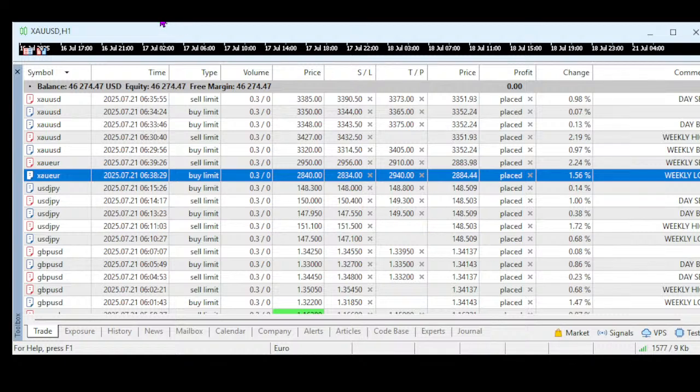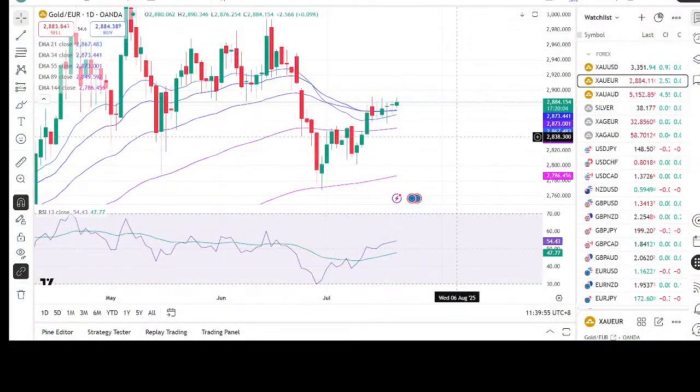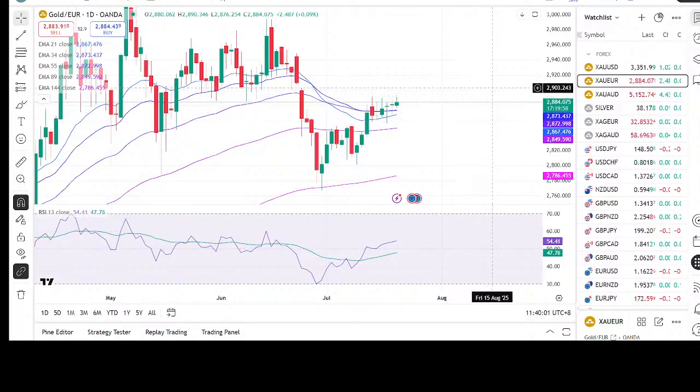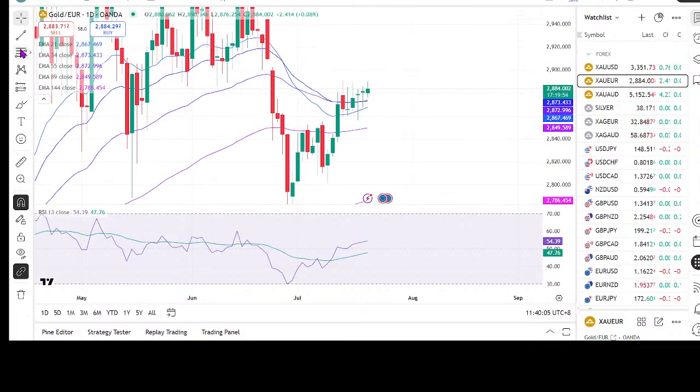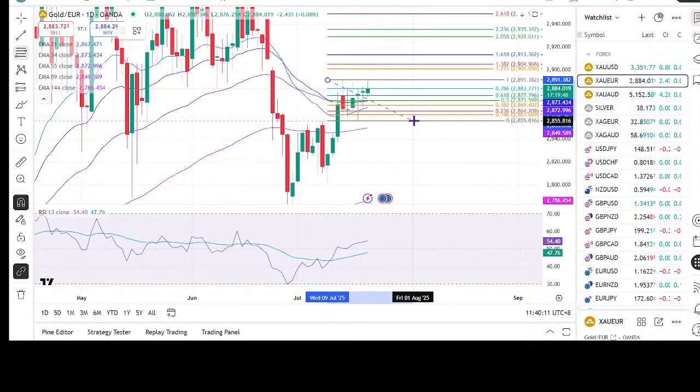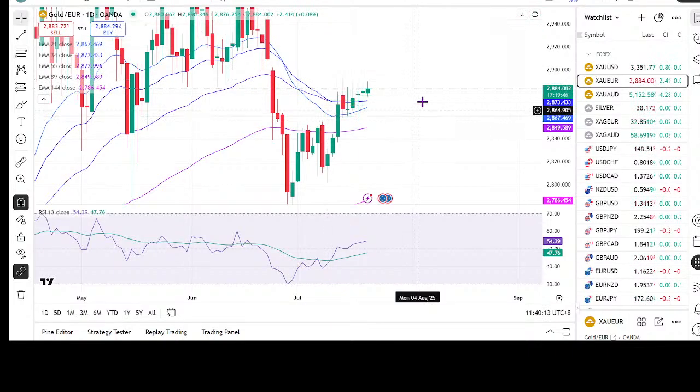So now we are going to see for a daily. So the daily, we should be looking to buy at 2860 and exit before 2900. That means extension of this high as a target, since this is a range.